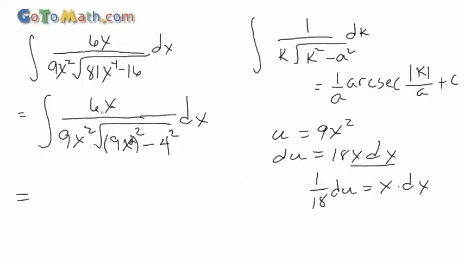So let's go ahead and do our substitution now. I'm going to take this 6 out of the way. And of course 1 over 18 would be 6 over 18, and we can simplify that down. We'll do that here in just a minute. So all that's gotten replaced. We're just going to put a 1 there, right?